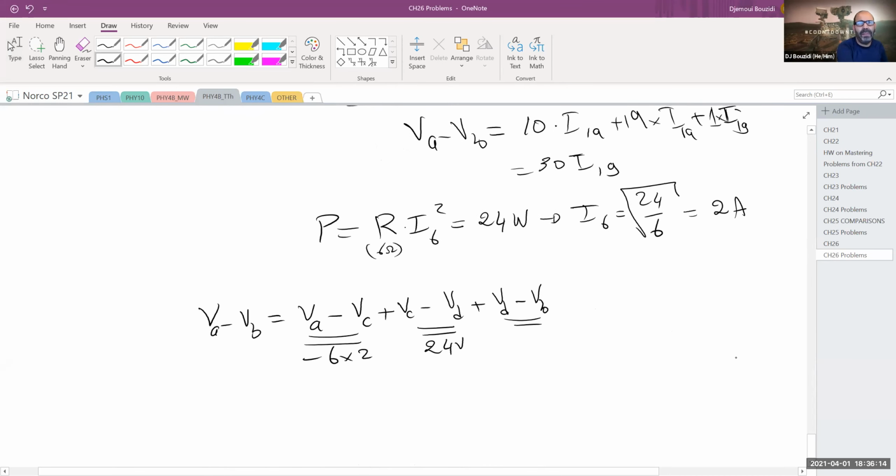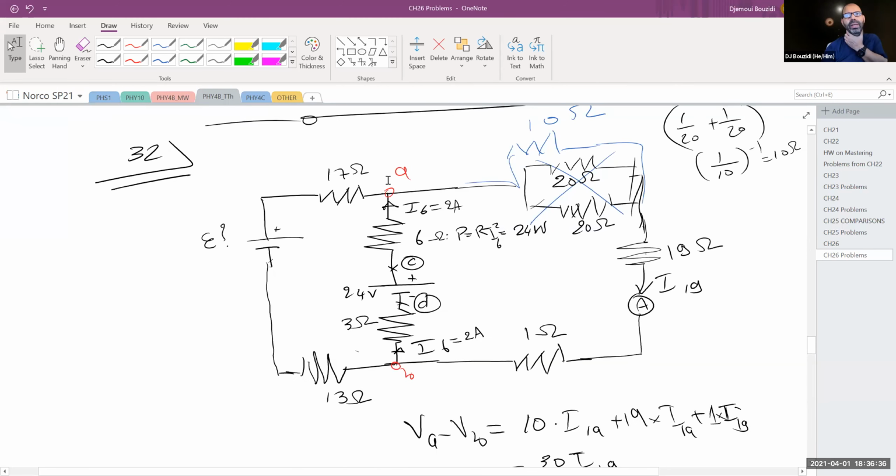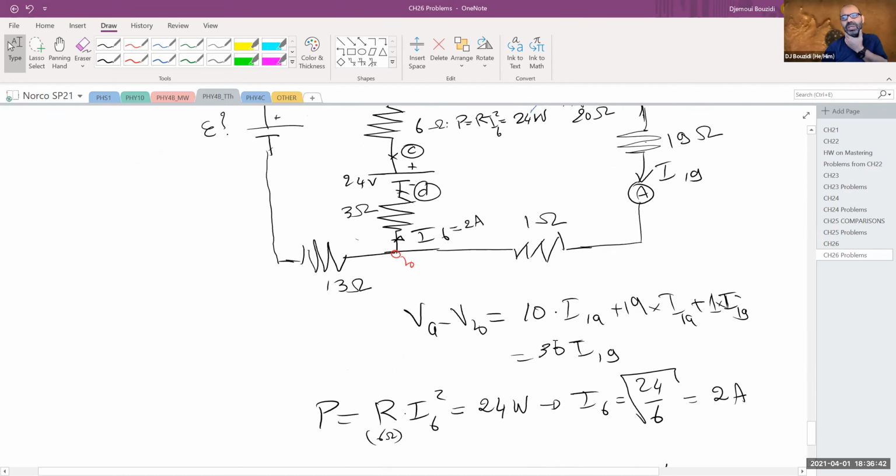So I'm actually dropping by 3 times 2. So 6 times 2 is 12, 3 times 2 is 6, and 12 plus 6 is 18. Subtracted from 24, 24 minus 18 is 6 volts. So indeed, A sits at a higher potential than B by 6 volts. So I come back to this expression.